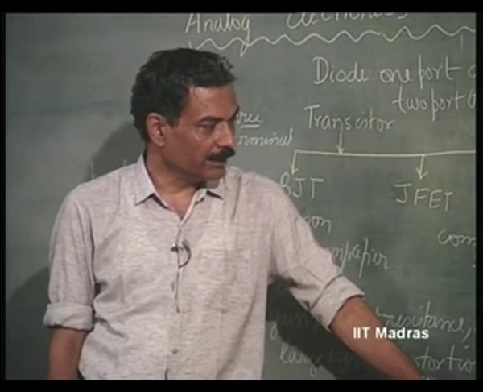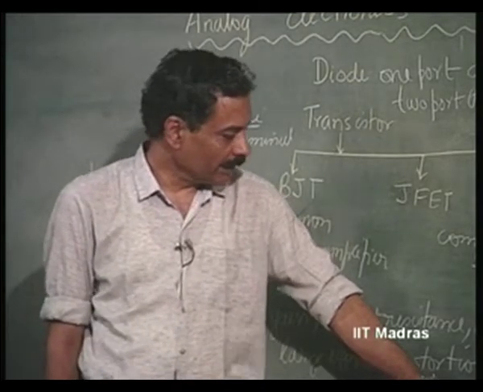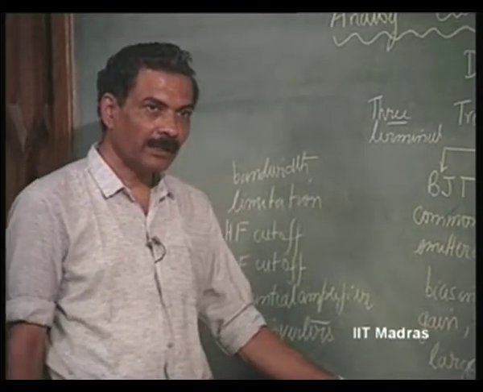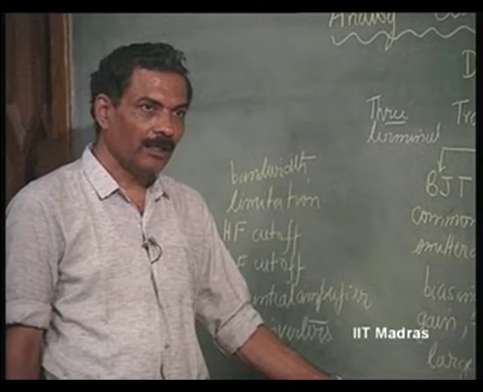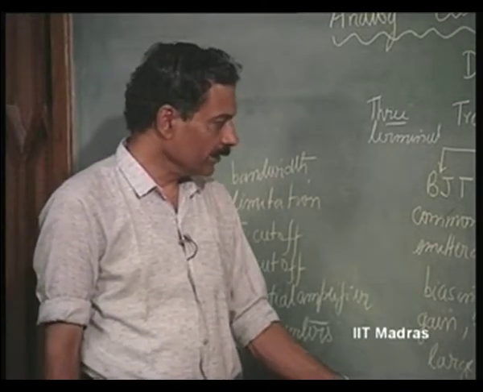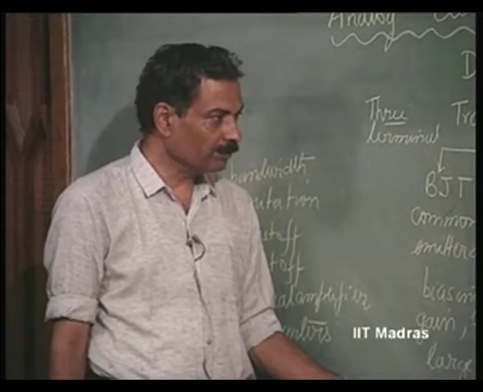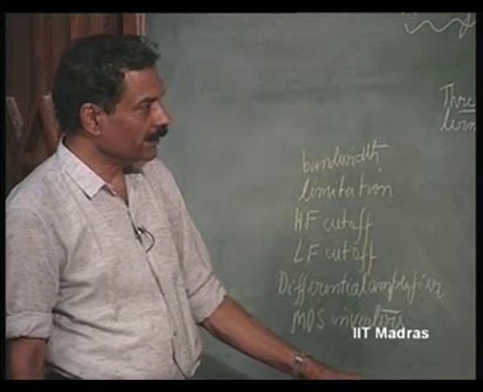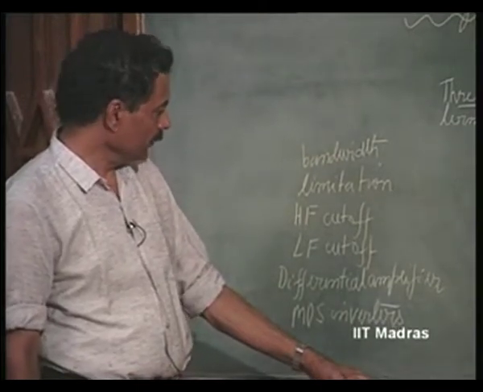So all these things we have discussed, and then went over to getting rid of coupling capacitors and bypass capacitors, and coming up with a novel configuration which is universally being used in place of all these discrete circuits, and that is the differential amplifier.